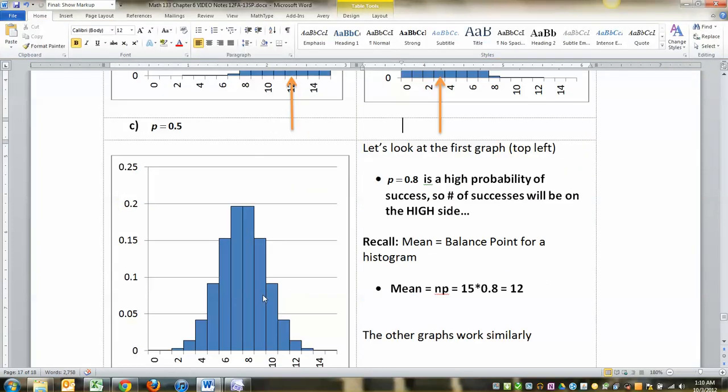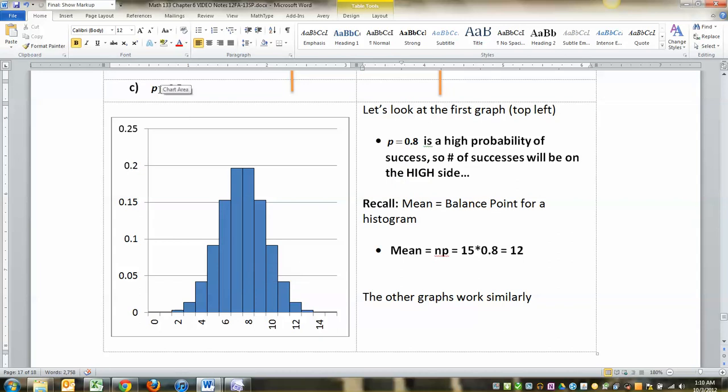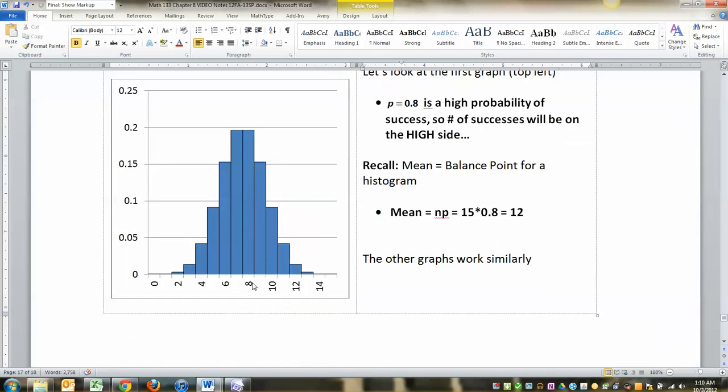Okay. Now down here, this one's 50-50. The probability of success is 0.5, and look how perfectly symmetrical it is, right? Because the middle should be 7.5, since it's 15 times 0.5, which is 7.5. And that's why this thing perfectly balances out on either side of 7.5.